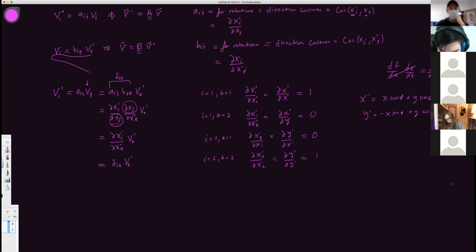And remember what we said delta does: it changes all k's to i. So you can get rid of this by just saying this just changes all k's to i, and I get v prime i. And notice v prime i is what I have over here, right? Does this make sense to you? Hopefully? Maybe? Okay.